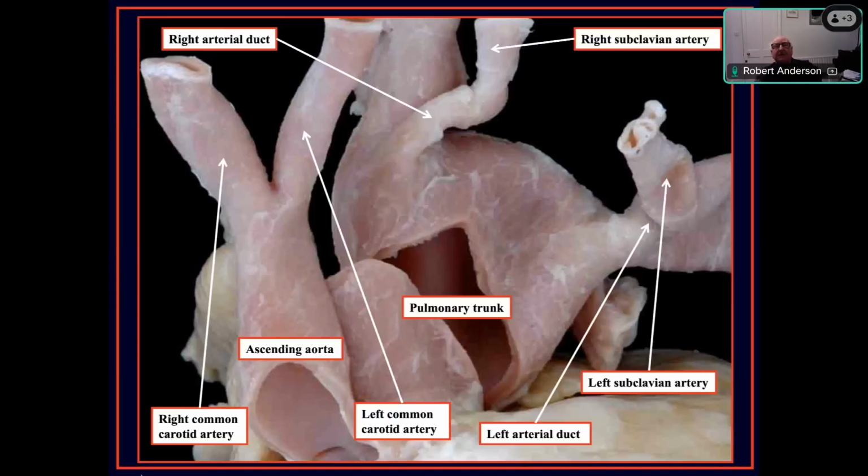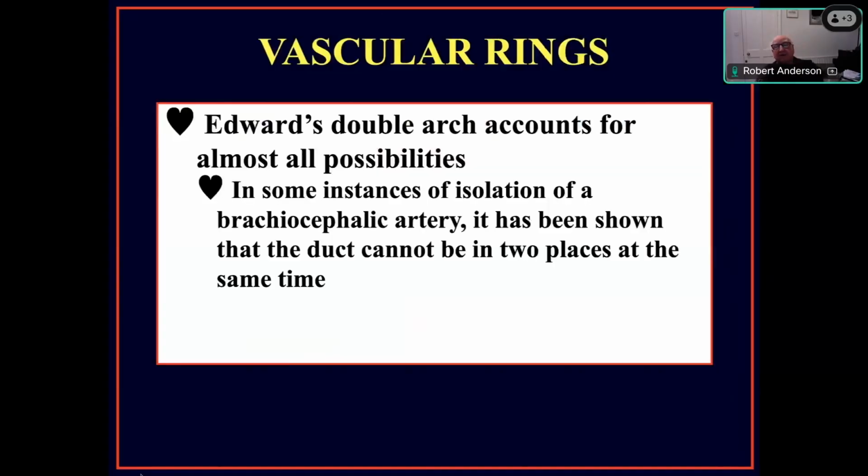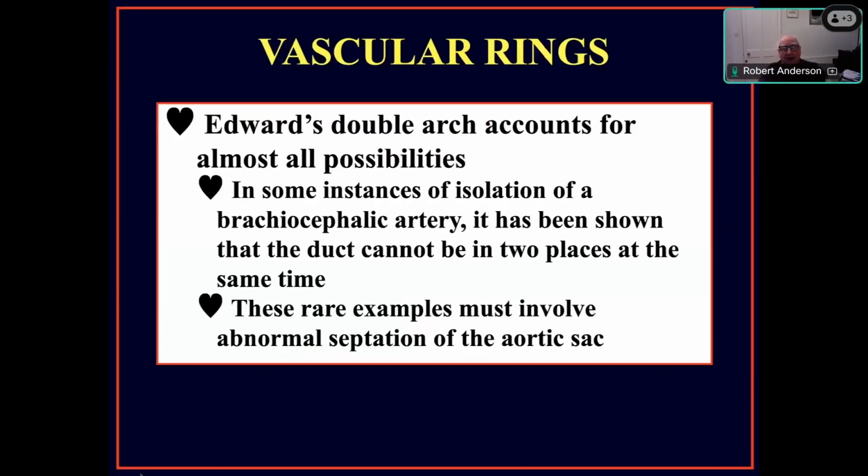So showing us how we can explain all the variants of isolation of the brachiocephalic arteries, but I should say almost all, because in some instances we find that the duct cannot be in two places at the same time.